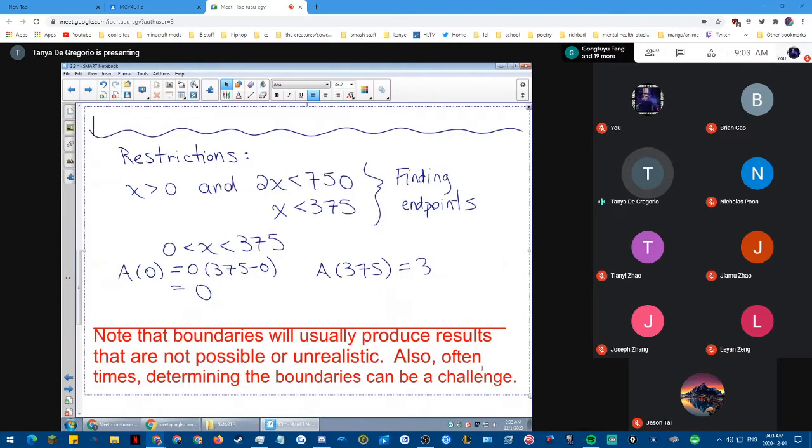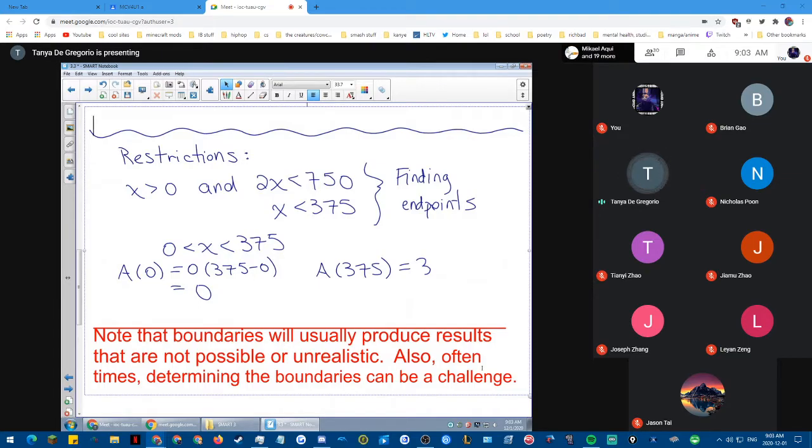So with very simple ones like this, where you do have a degree of 1 or a degree of 2, you can go ahead and find your boundaries. But once you start getting into volume, you don't have to worry about finding the boundaries. The reason is, they never affect your maximum. So there's really no point to go through all that, and in the end it's for nothing.